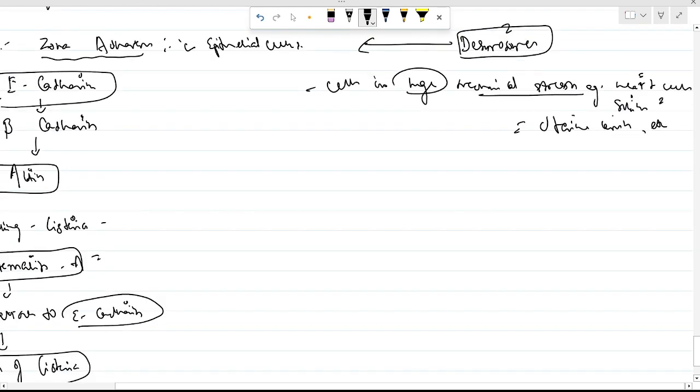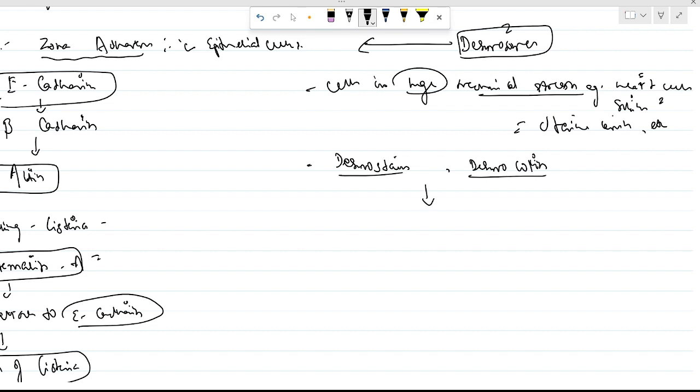So we are going to see their arrangement. First, there are primary proteins. Here the primary proteins are desmoglein and desmocollin.